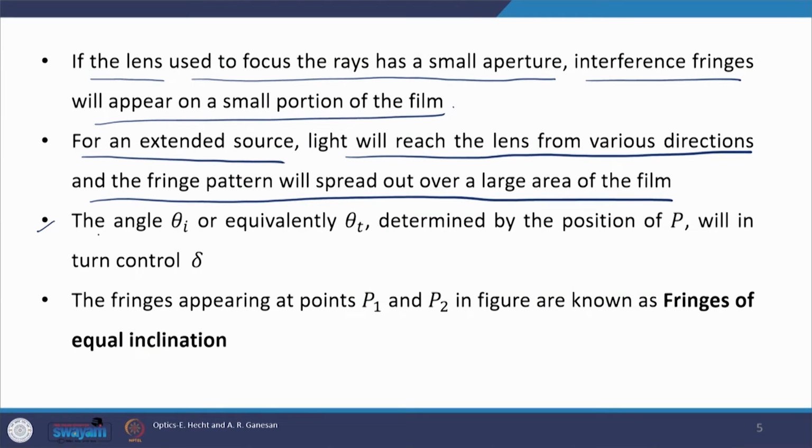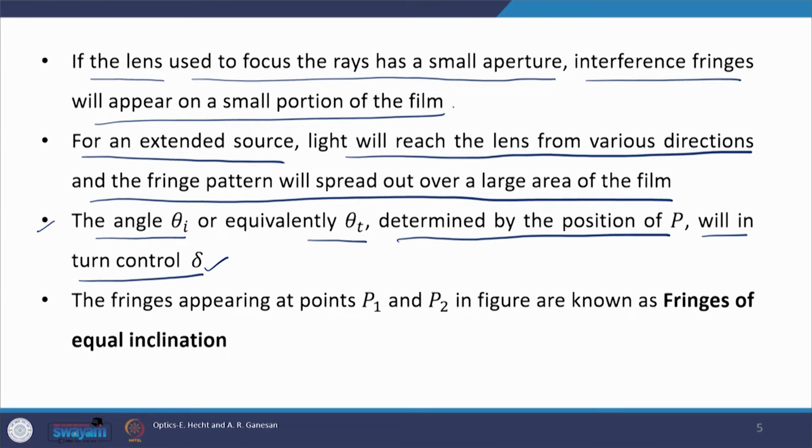Now, the third point: the angle of incidence theta i, or equivalently the angle of transmission theta t, because they are directly related, is determined by the position of P, which will in turn control the phase difference delta. This is very much obvious, because if you change the angle of incidence, the path difference will change, and therefore, the phase difference will also change, and they will decide whether at a particular position on the screen there is a maximum or minimum.